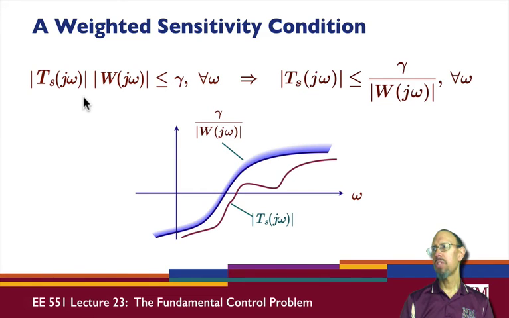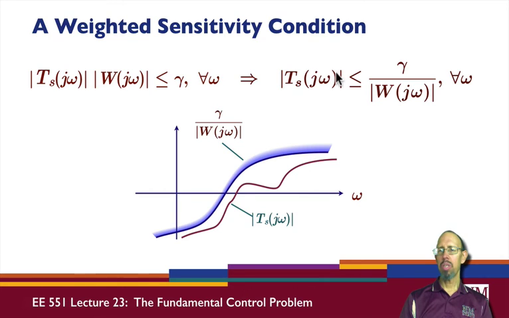Or another way of saying it is the sensitivity function Bode plot lies below this Bode plot. Okay, so if this is true for all frequencies, that means this Bode plot magnitude lies below this Bode plot for all frequencies.